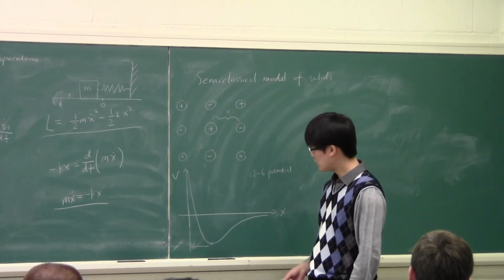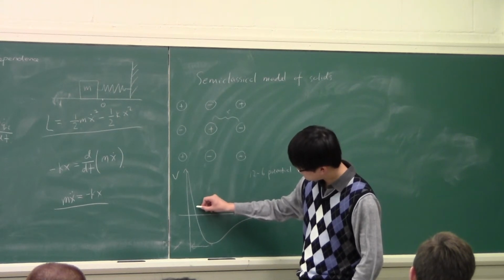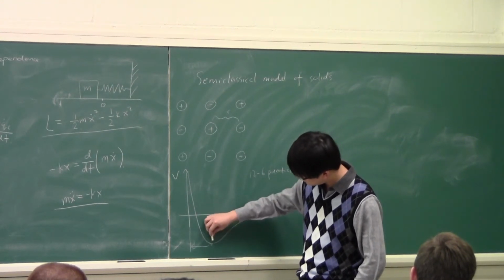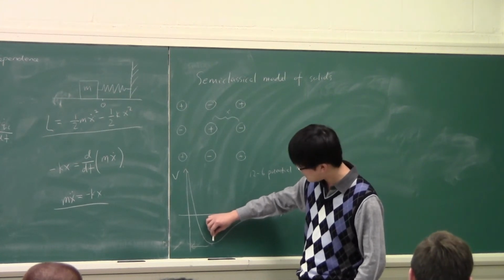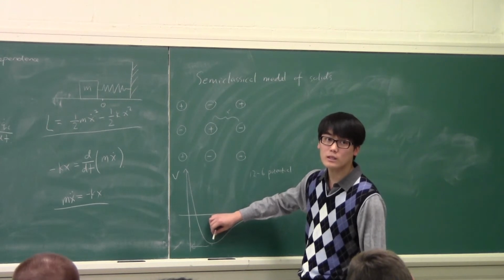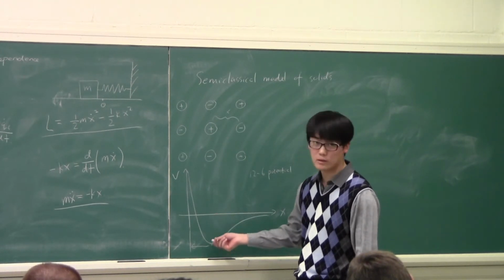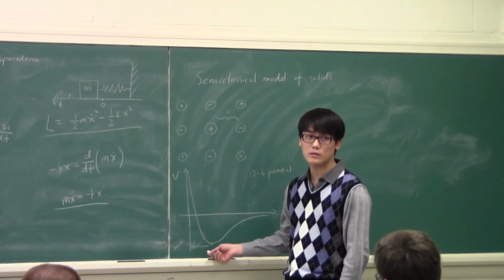What's special about this potential is that if we're considering really, really small displacements of the atom around the minimum, then it's going to be quadratic in the displacement. So in that case, this is a simple harmonic oscillator.